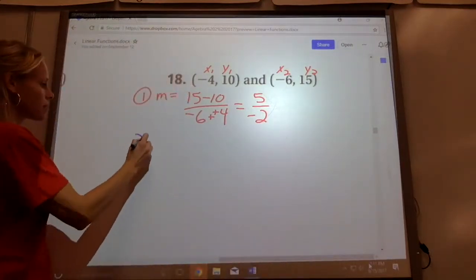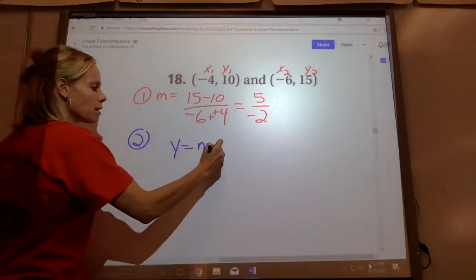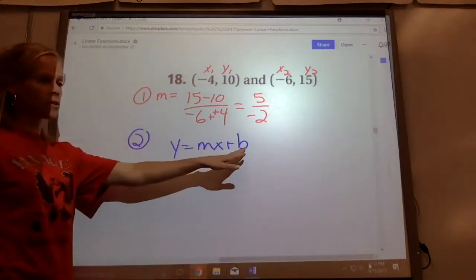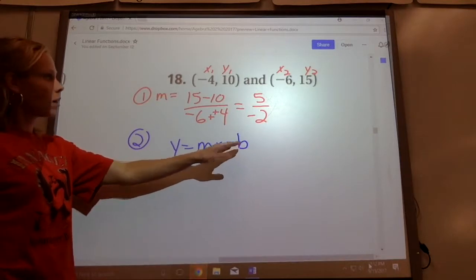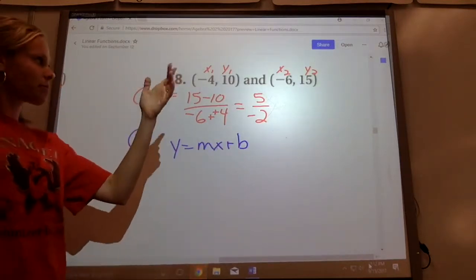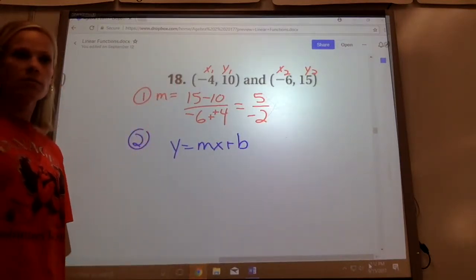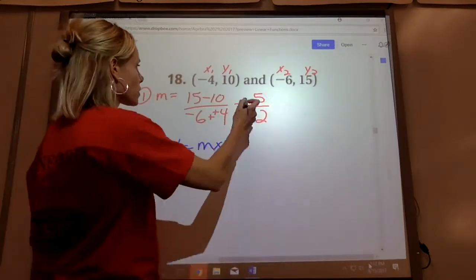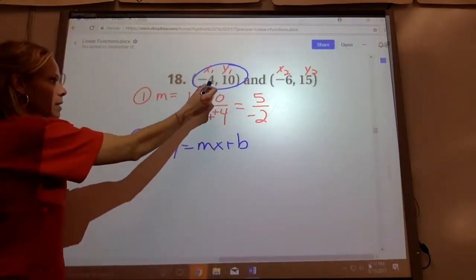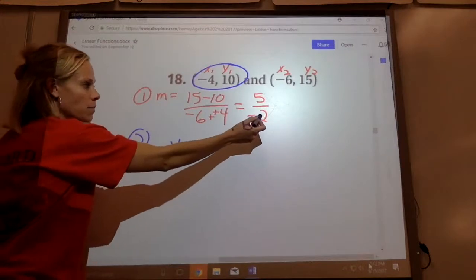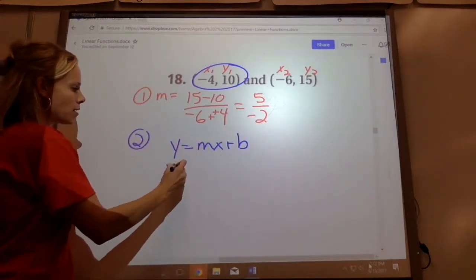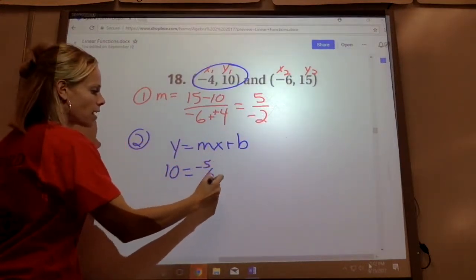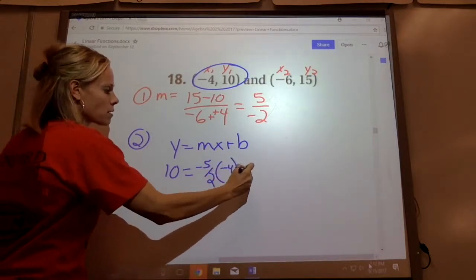So then I'm here at step 2, subbing in for my variables so I can solve for b. What point do you want to use? Any preference? Which one? Okay, this one, okay. So this is my x, this is my y, here's my m. So 10 equals -5 halves times -4. Right?